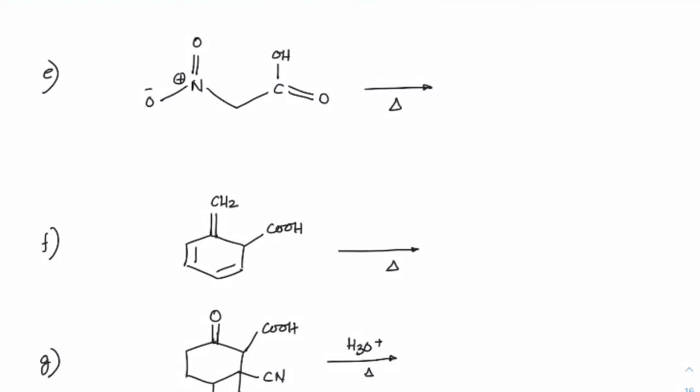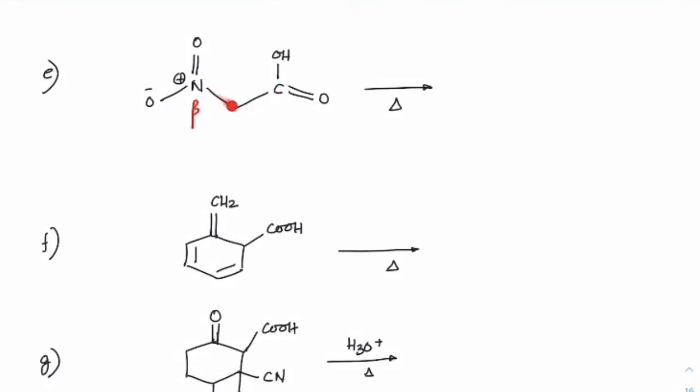The same case here also, instead of that double bond or beta keto, this time we have a nitro group. The possibility is same. So this O will attach with this H from here, and then a double bond will form here.